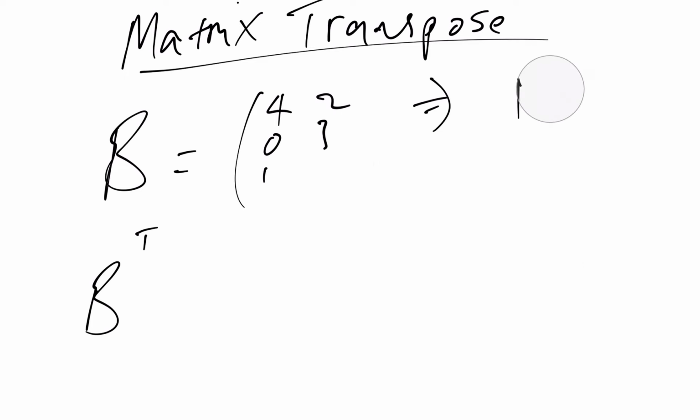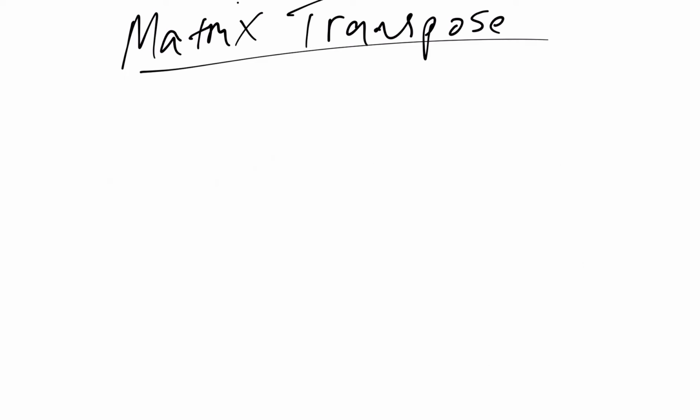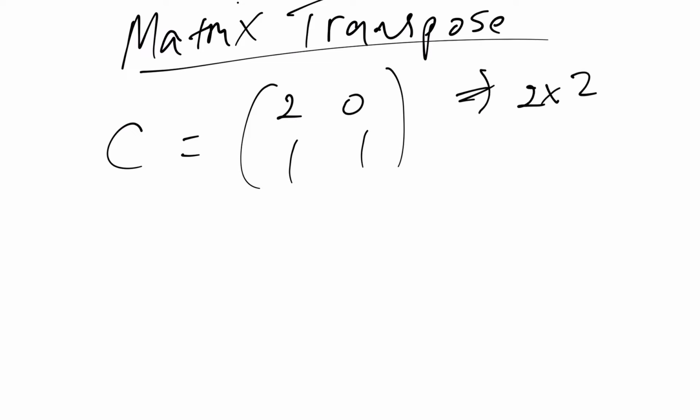I'll make another example, of a square matrix. Maybe we have 2 0 1 1. This is a 2 by 2 square matrix. If we find the transpose of matrix C, again we interchange columns into rows, or rows into columns. Same thing, we get the same answer.